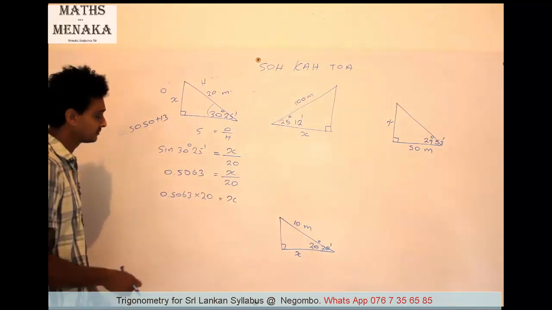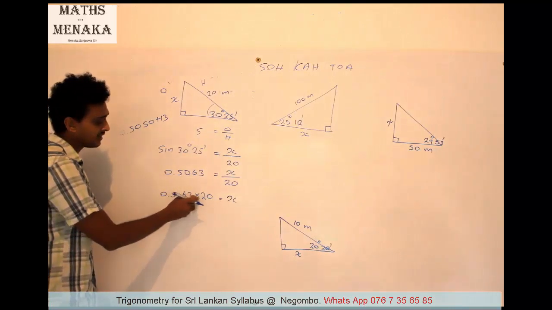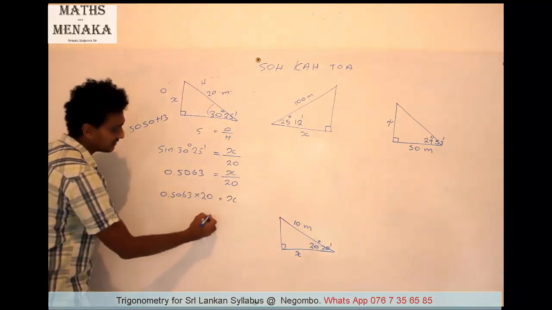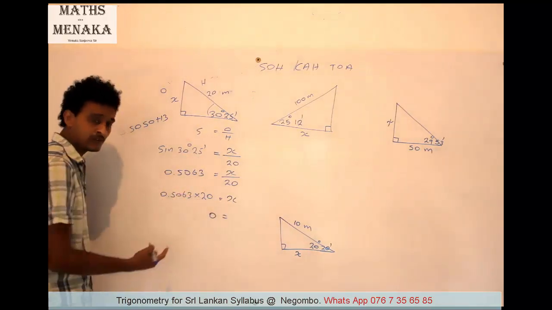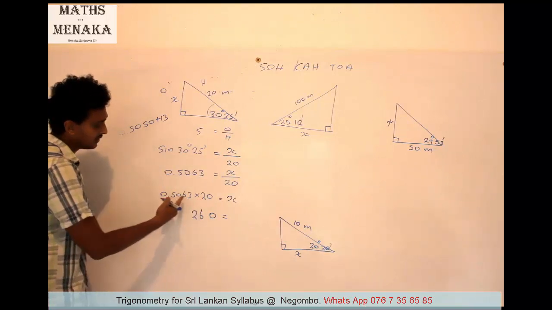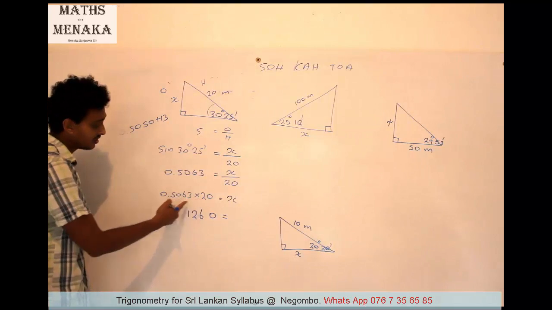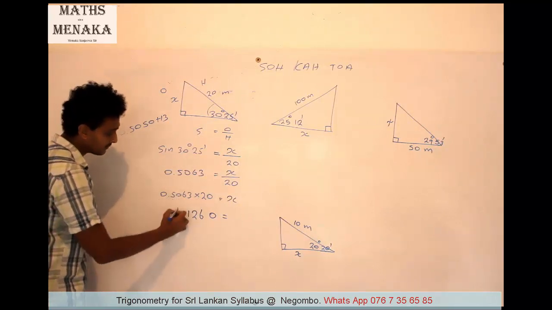Forget the decimal point. Then you get 5063 into 20. Write the 0. Then multiply by 2. 2 into 3, 6. 2 into 6, 12, 1 remain. 2 into 0, 0, plus 1 is 1. 2 into 5 is 10.